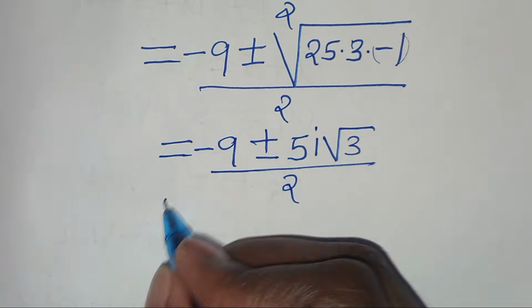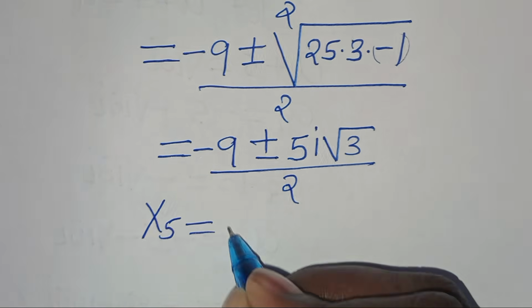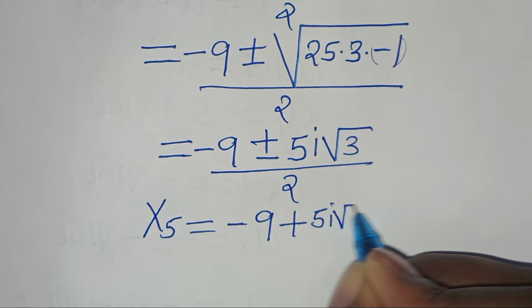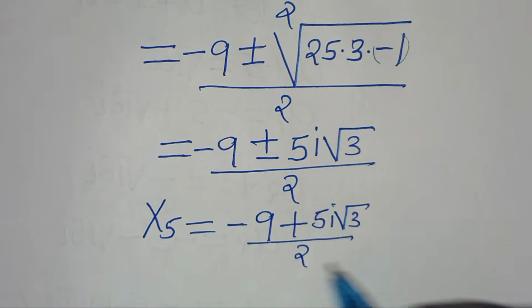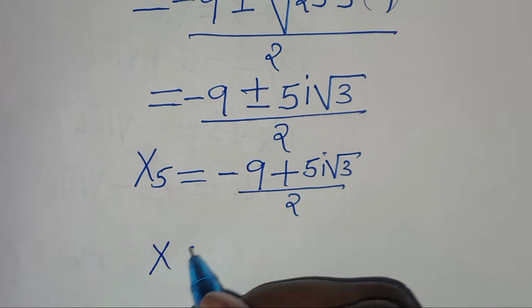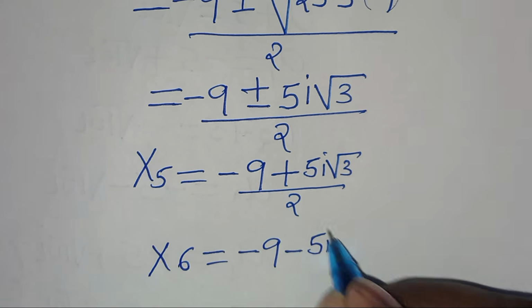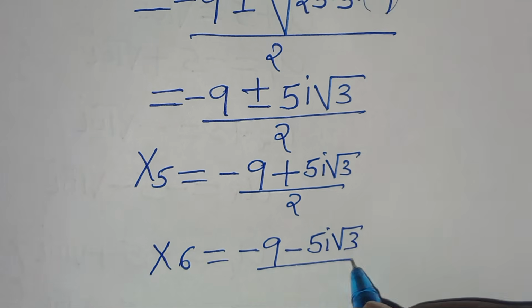So this means that x5 is equal to negative 9 plus 5i square root of 3, divided by 2, and we have x6 is equal to negative 9 minus 5i square root of 3, divided by 2.